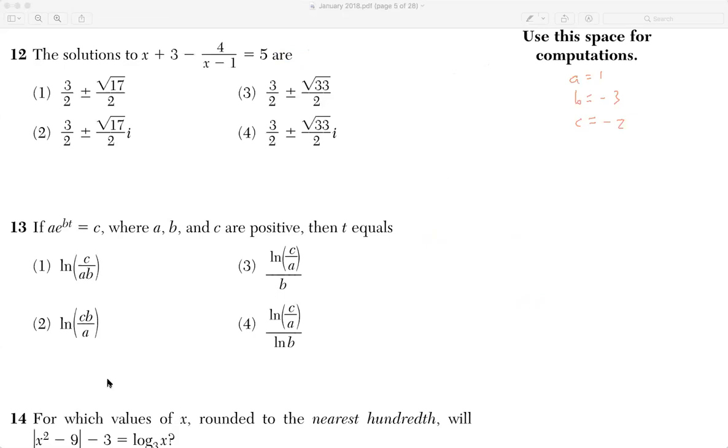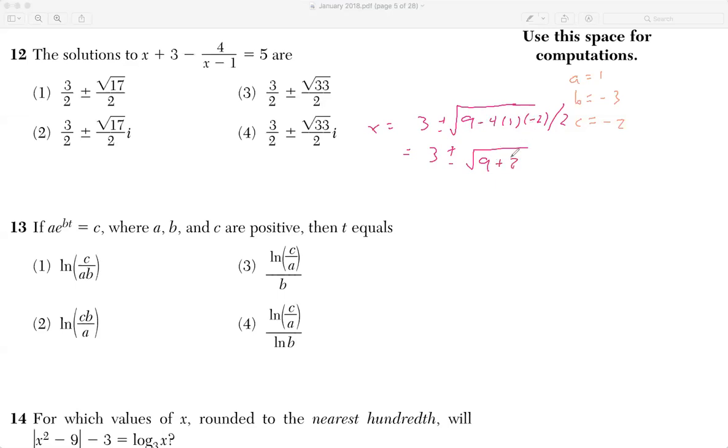Okay, let's put it in the quadratic formula. And you get negative b, which is negative negative 3. So that's 3, x equals, plus or minus square root of b squared, that's 9, minus 4ac, minus 4 times 1 times negative 2, all over 2a, or just 2. 3 plus or minus square root of 9. Negative 4 times negative 2 is positive 8.